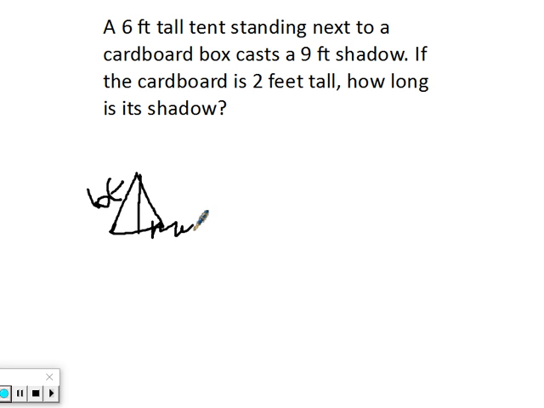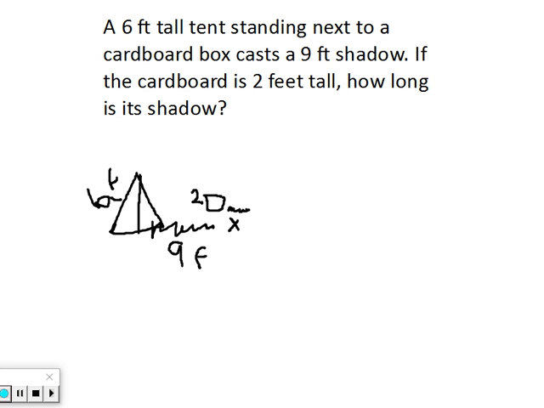And then you cast a shadow, that's 9 feet. So this is a 6, and that's a 9. I'll go ahead and erase this. Okay. If the cardboard is 2 feet tall, so there's a cardboard right here next to it, and this one's 2. How long is this shadow? So the shadow right here, it's what we don't know, so that would be X.